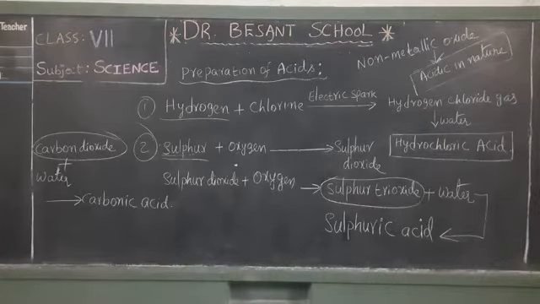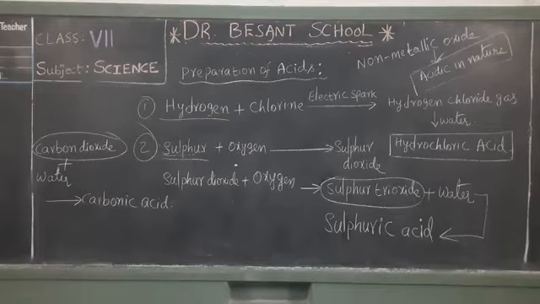See, in the textbook he has mentioned only the preparation of bases, but for a better understanding and some additional information for you, I have prepared some information about the preparation of acids here. In order to prepare acids, what do you require? Acids are prepared from non-metals only.